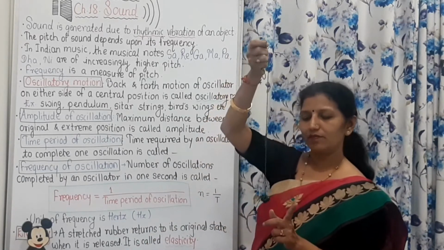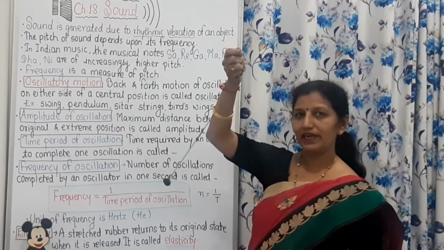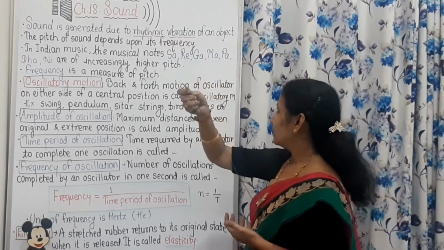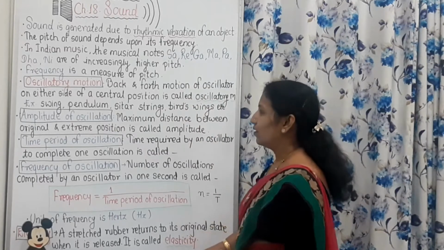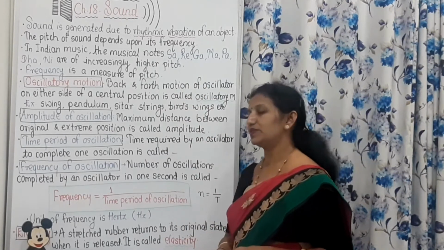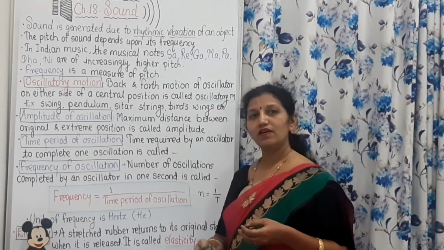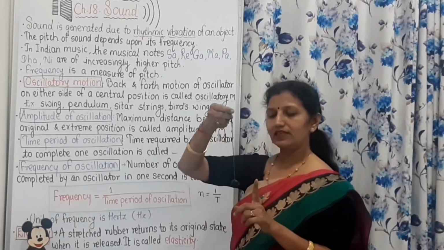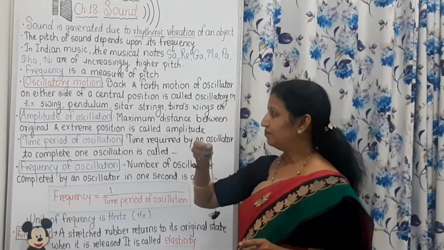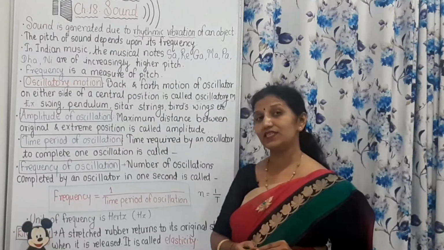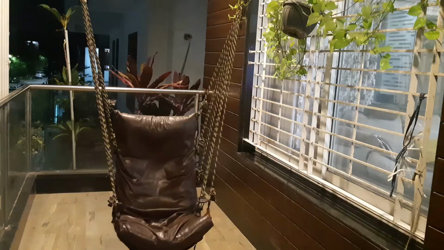See, back and forth movement of an oscillator on either side of a central position is called oscillatory motion. This is an oscillator. Now, a swing. In a swing, you see when the swing is in stationary position, at that time the swing does not have movement.